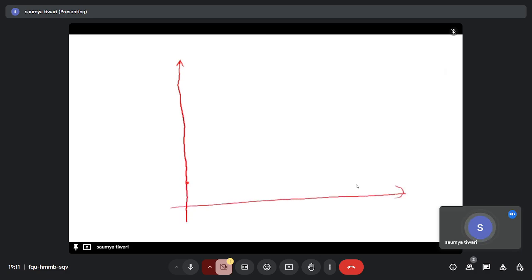So this is your voltage and this is your current, I versus V plot. If you plot it, let's say it's 1, 2, 3, 4, and here we have some values, 0.1, 0.3, 0.5, 0.6, similar values.